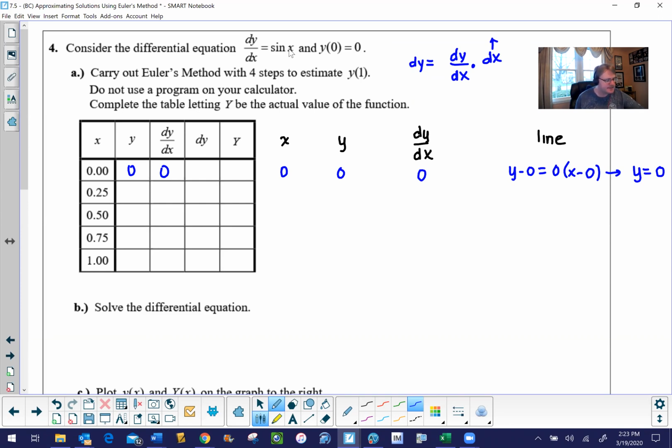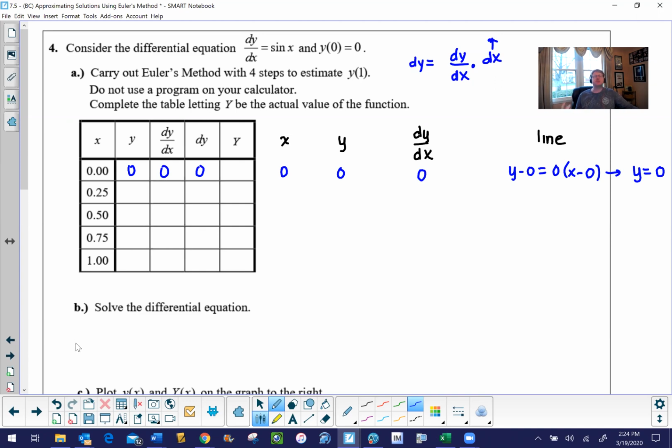Well, it's not labeled as h, but it's the step size. So we have to figure out that the step size here looks like it's 0.25, right? But those are going to cancel and give us the dy. So if you just take your dy dx column value and multiply it by 0.25, it's going to give you the dy, okay? And remember, you can't figure out y until you've done part B, right?